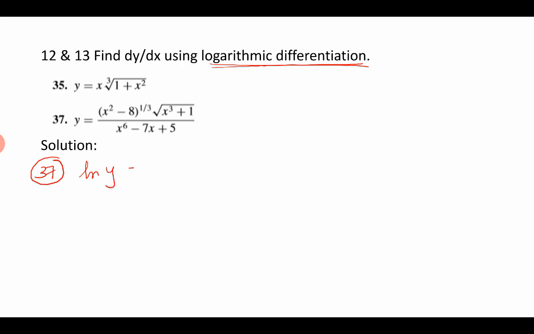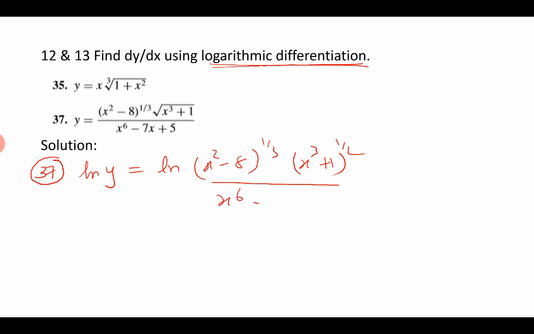Take ln y on both sides. So this will be ln of (x square minus 8) to the power 1 by 3 times (x cube plus 1) to the power half under square root, divided by x power 6 minus 7x plus 5.